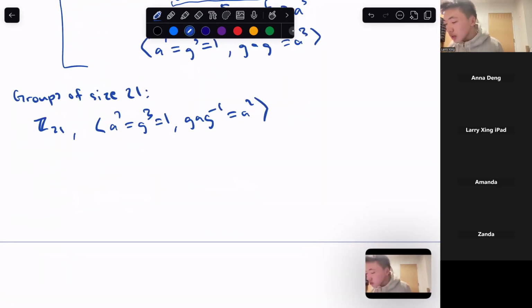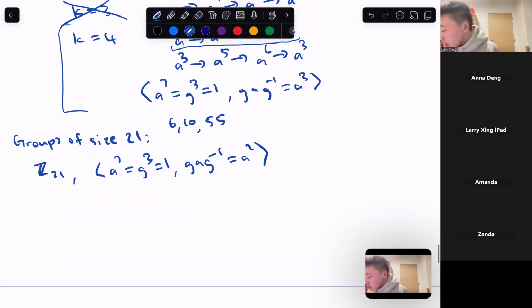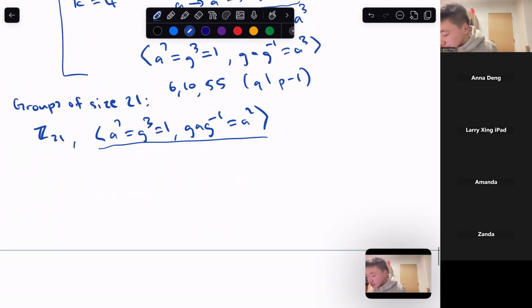And we can do the same thing for, for example, 6, and then 10. We can do a similar thing for like 55. Basically, anything where Q divides P minus 1, we can generate a second group that is defined this way, such that its conjugation just works.